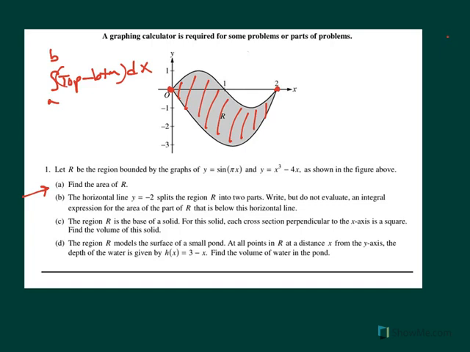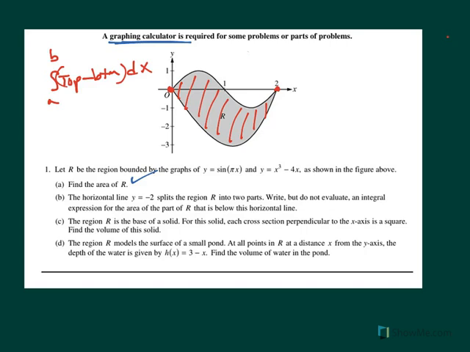So you'll have to find those A and B values. So that's pretty much it for part A. Just integrate top curve minus bottom curve. It is calculator active, so you definitely want to get that set up and do it on your calculator to speed things up. You don't want to spend the time doing that by hand.